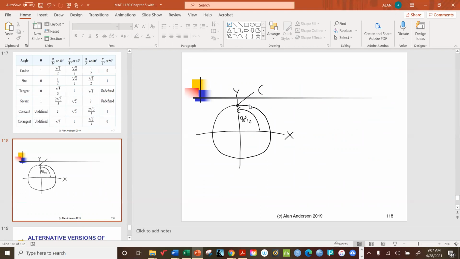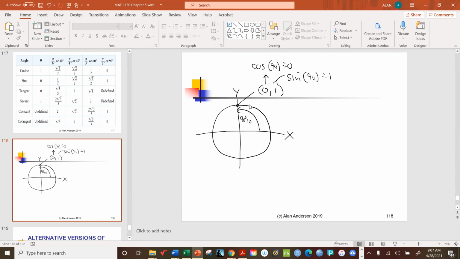The coordinates here are 0, 1, and that implies that the cosine of 90 is 0 and the sine of 90 is 1.